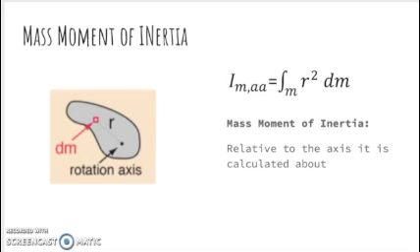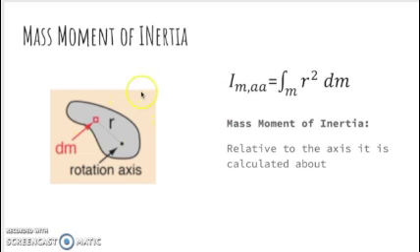So now let's talk about mass moment of inertia. The tendency of an object to resist its state of motion with respect to its mass is defined as mass moment of inertia. So let's look at this figure. There's a rotational axis here, and here is the mass differential, and r is the perpendicular distance between these two points.